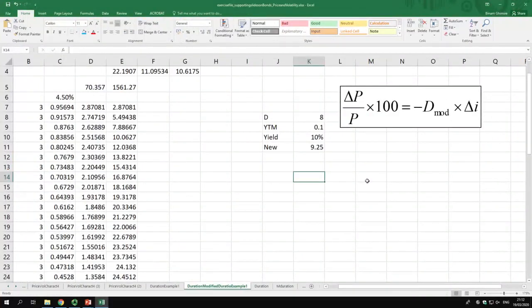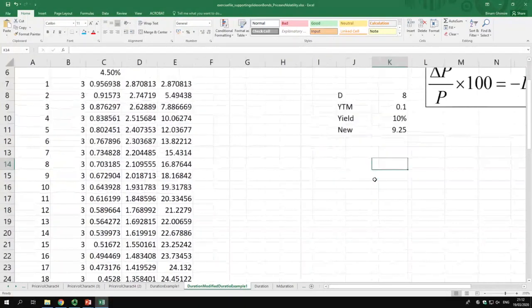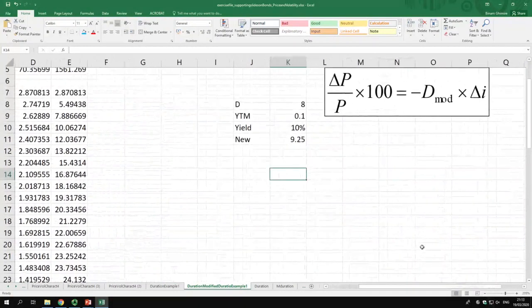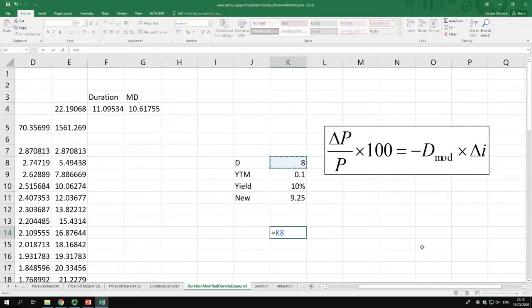Macaulay duration is given, which is 8, divided by 1 plus your yield 10%, and divided by the coupon payment frequency. We can assume it's 2, semi-annual, and we get this answer, 7.619. If it is not kept as 2, meaning you're assuming annual, then you get 7.27.